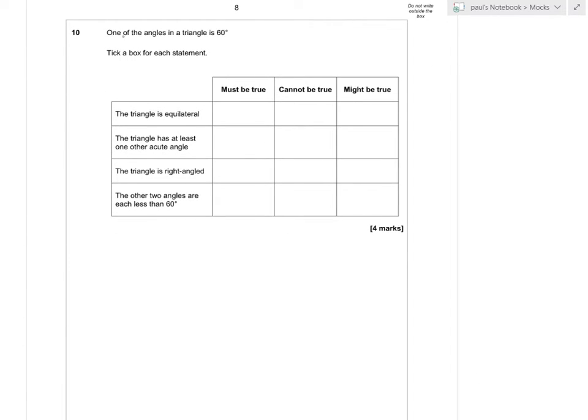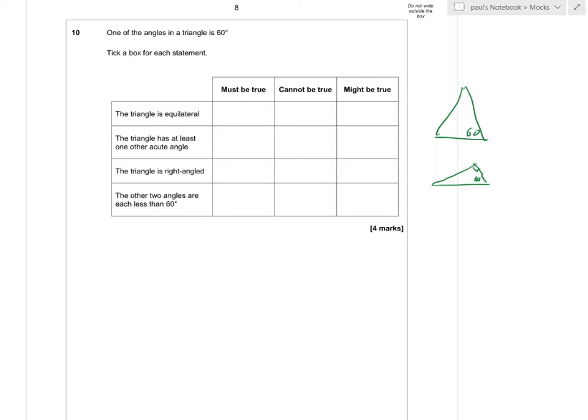Right. One of the angles in a triangle is 60. Okay. 60. Yeah. So it could be like that. 60 could be a right angle, couldn't it? Or it could be an equilateral. The triangle is an equilateral. That might be true.